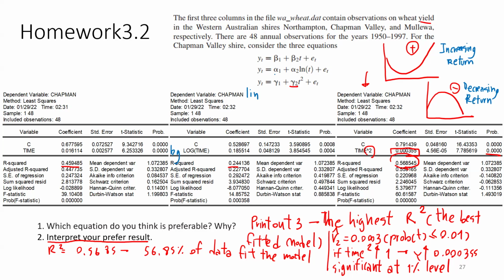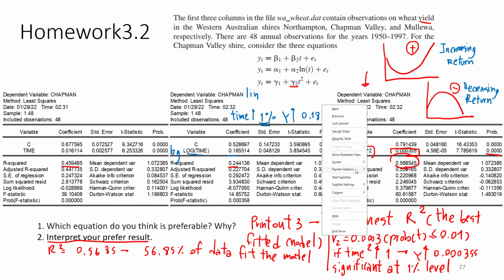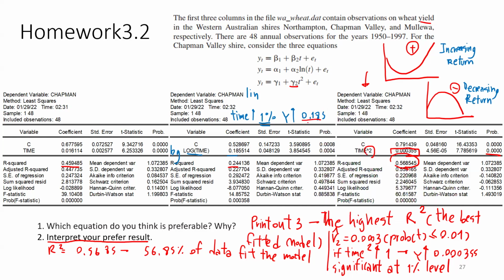So linear log, you have to interpret as the x increases by 1%, y will increase, positive, by 0.185, but you have to divide it by 100. Okay.